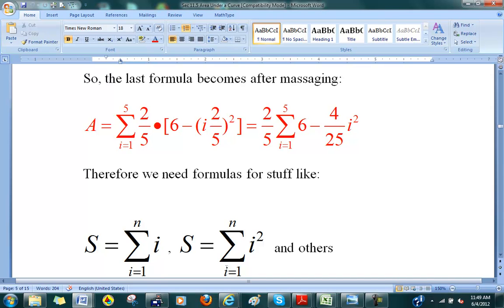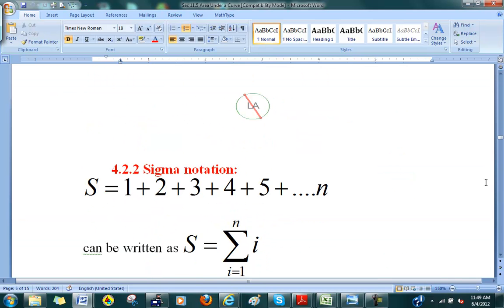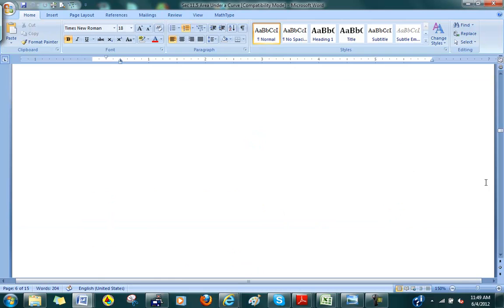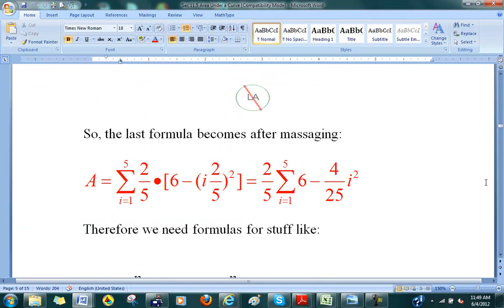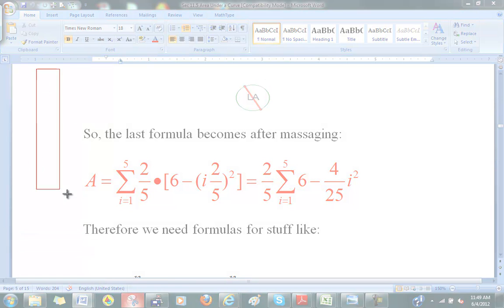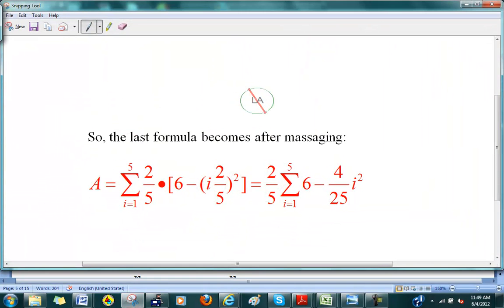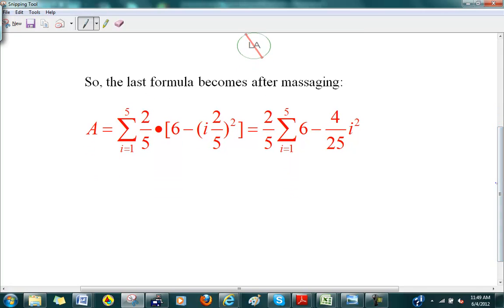Start over again? Okay, let's do it. So let me go to the next page because that's better. Okay, I'm going to work on this problem here, so we need to fix this. I had a feeling it wasn't looking good. Okay, so the first thing I need to do is change this.